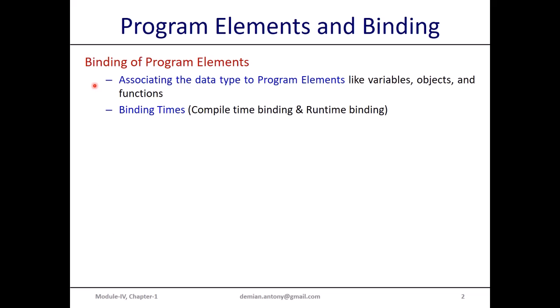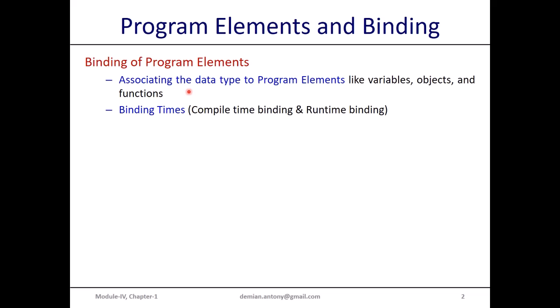Before getting into the actual chapter contents, let us understand one of the important concepts in language design called binding. Binding is the process of associating a data type to a program element. It means attaching a data type to a variable or an object or any other program element.